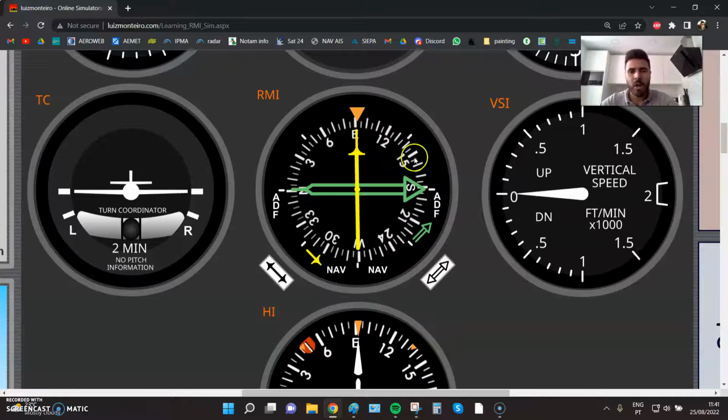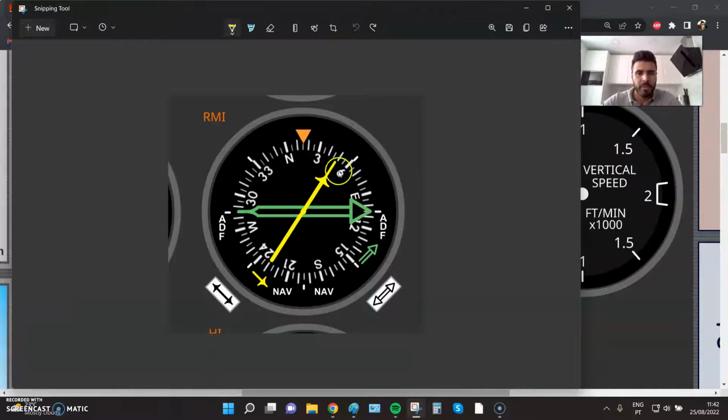But how is the needle moving? We have several rules of thumb. I'm going to give you two. If the needle is displaced from the center, the tip is always going to fall, and the tail is always going to go up.